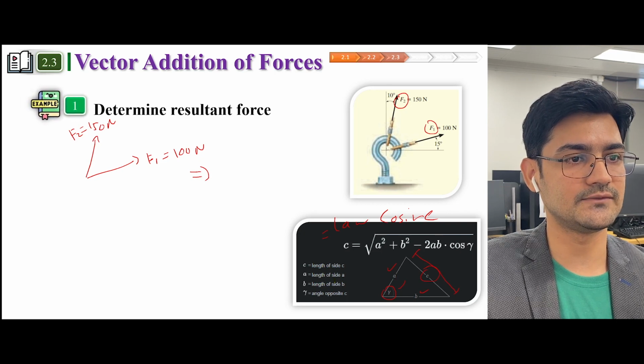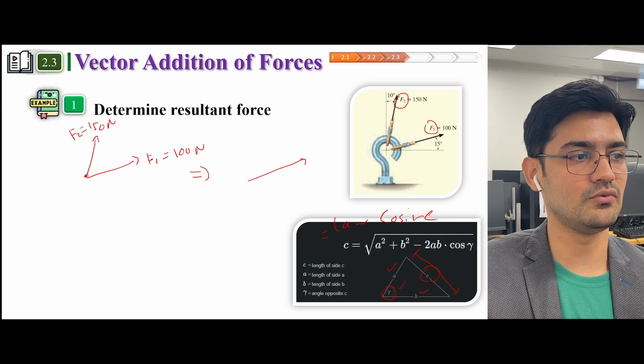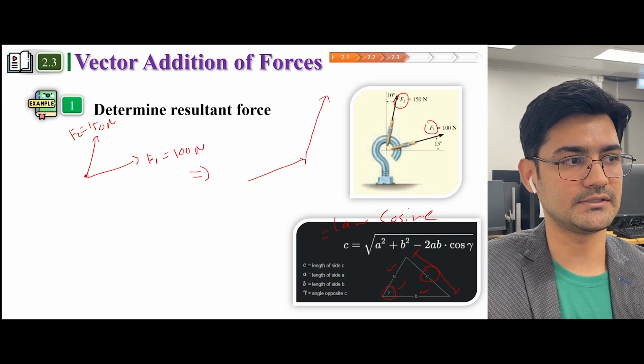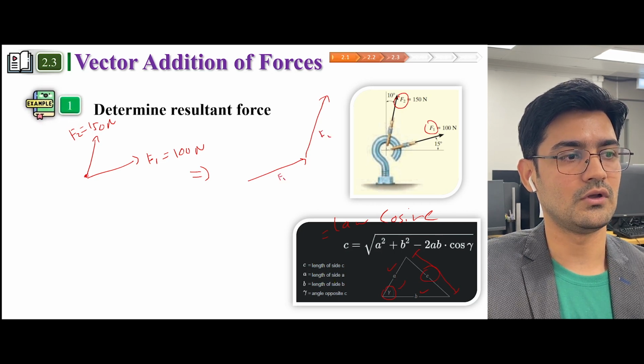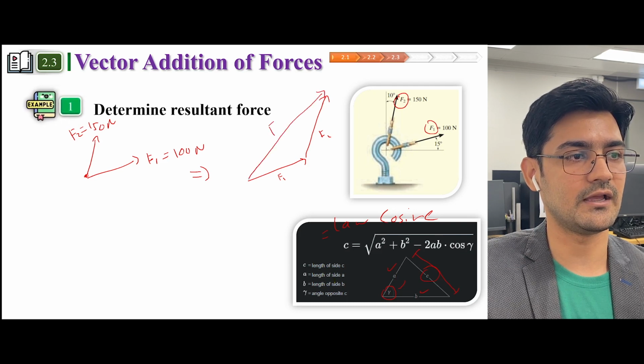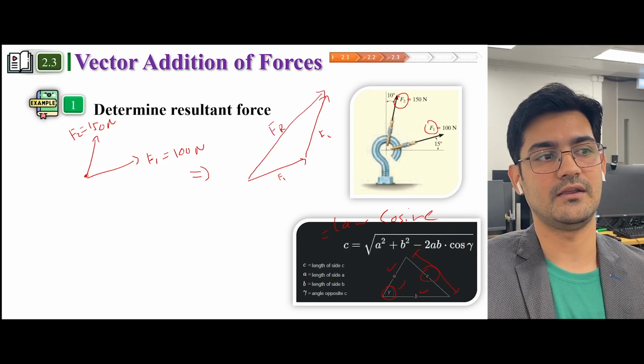Now how to add these forces? This is F1. We will put the tail of F2 onto the head of F1. Then you will get something like this. So this is F1, this is F2. What is the resultant? This is the resultant force Fr, which we have to find.